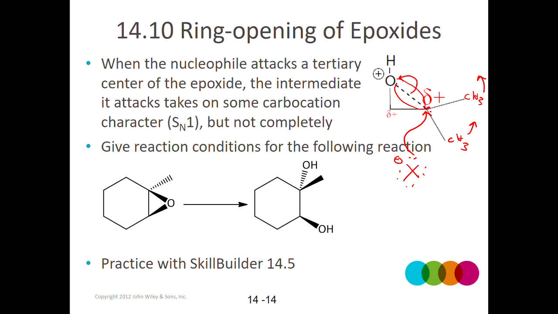But we're not forming a carbocation because the oxygen isn't fully pulling away. And since it's not fully pulling away its electron density, there's no way for the X group to come in from the top, because that electron density is already there. It has to come in from the backside. So we have the backside attack feature, which is reminiscent of an SN2, but we also have it attacking a tertiary carbon, which is reminiscent of an SN1.